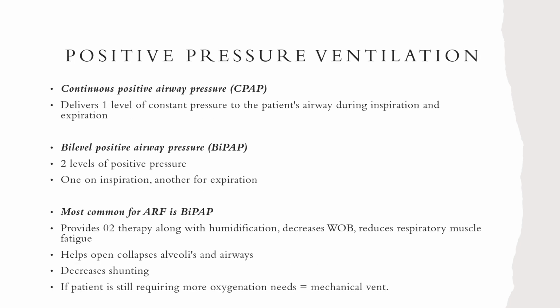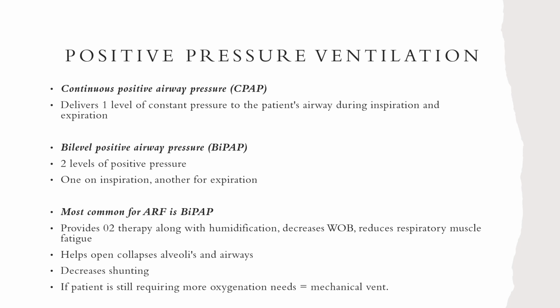A little deeper into positive pressure ventilation, we have continuous positive airway pressure, also known as CPAP. CPAP delivers one level of constant pressure to the patient's airway during inspiration and expiration. On the other hand, there's BiPAP, which is bilevel positive airway pressure.